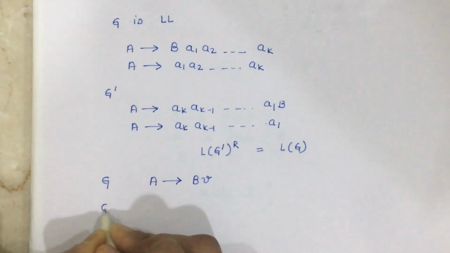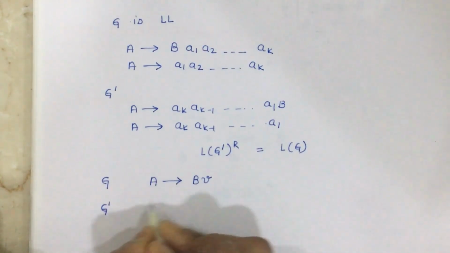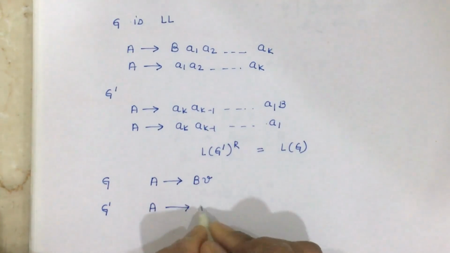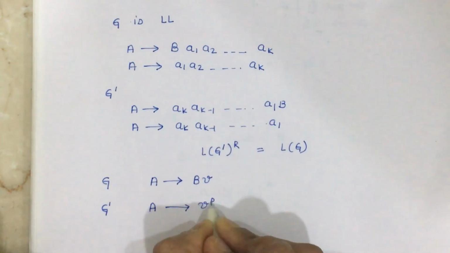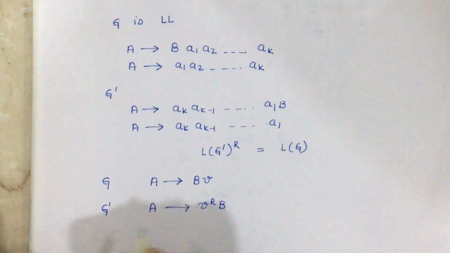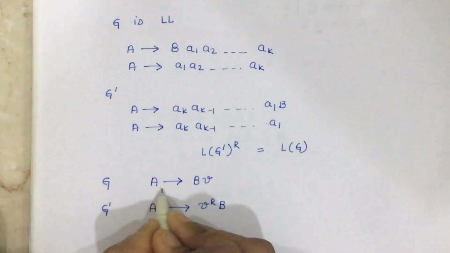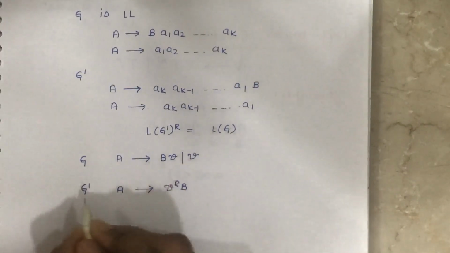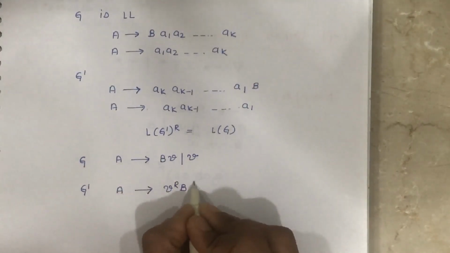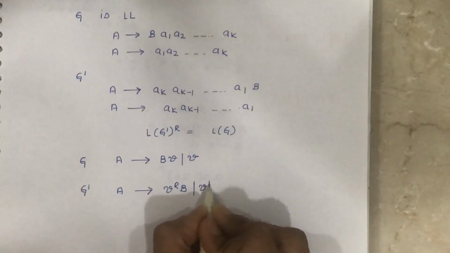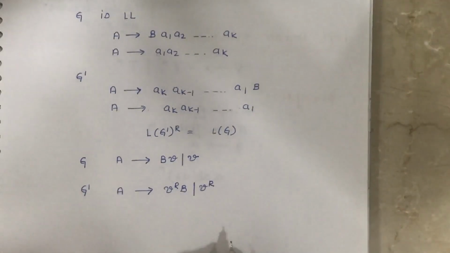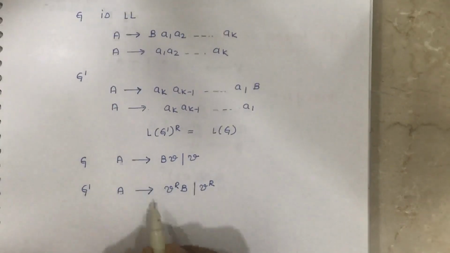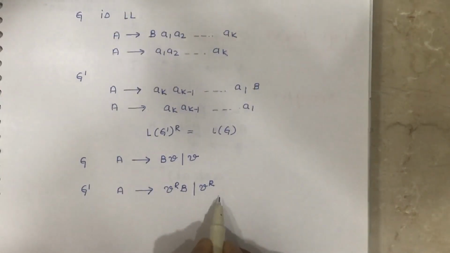Now we can write G prime, that is the right linear grammar, and it can be written as A to reverse of u followed by B. Similarly, another alternate in G can be like only u. So in G prime, this alternate should be written as reverse of u. So we can convert a given left linear grammar into a right linear grammar using this rule.